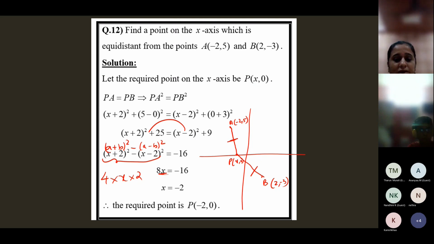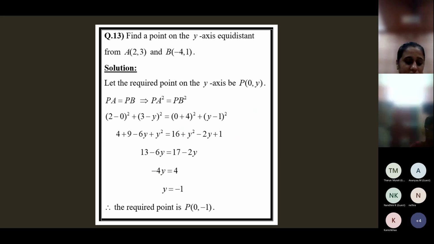You can mention here the required point on the x-axis. The earlier sum, the required point on the x-axis is minus 2, 0. Yes, children, work this.